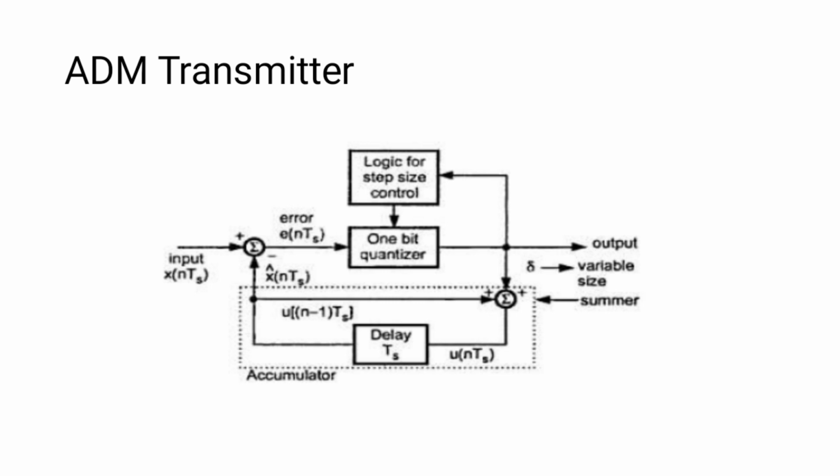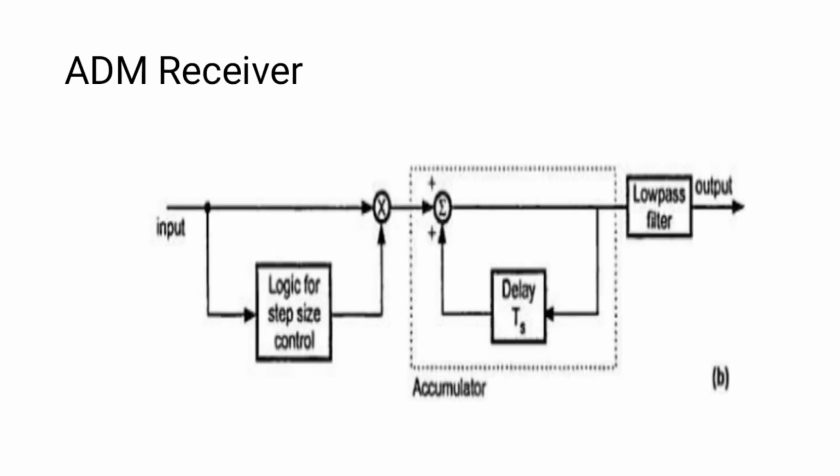For a steep segment the step size will be increased, and if it's varying slowly, the step size will be reduced. That control is available in the logic for step size control. Remaining all are the same as discussed in delta modulation. The same thing applies to the receiver: the logic for step size control is included before the receiver section of the modulator.